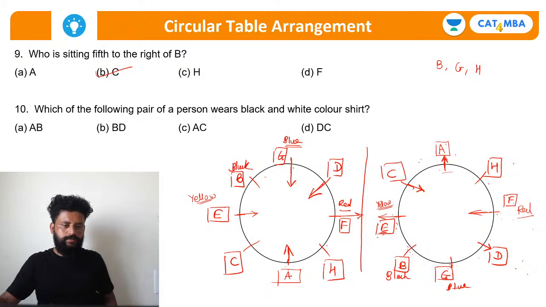Person with pink shirt is third to the left of 1 2, this must be pink, this must be white. 1 2, right?